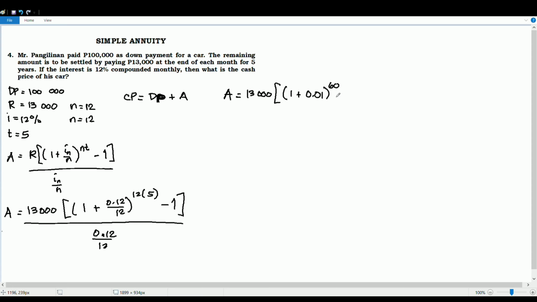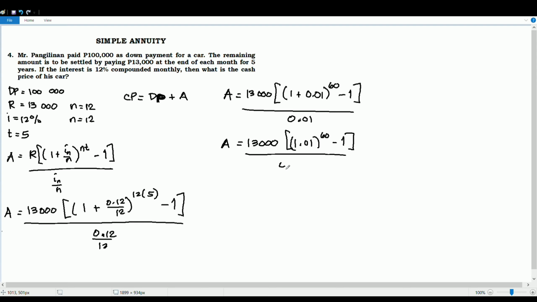That's 5 times 12 is 60, minus 1 over 0.01. So to continue, we have 13,000 times 1.01 raised to 60 minus 1 over 0.01.